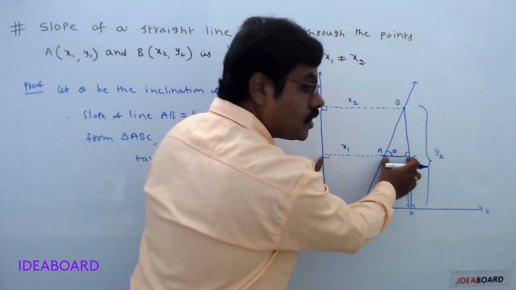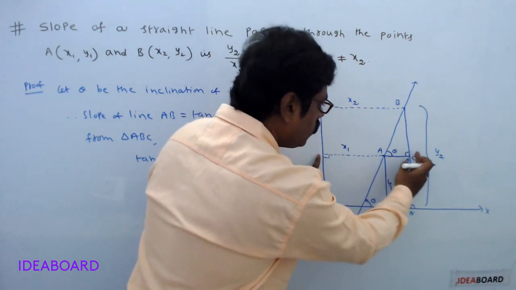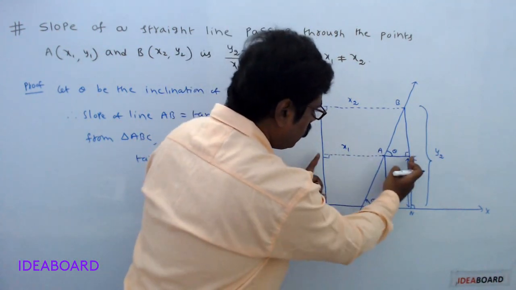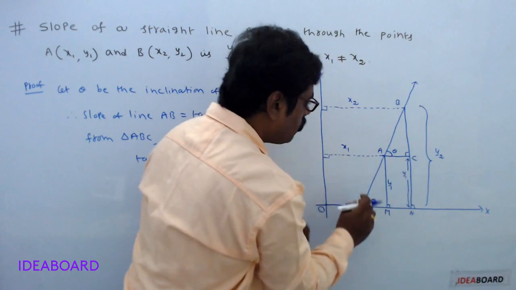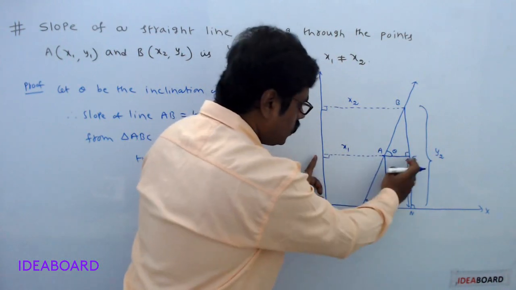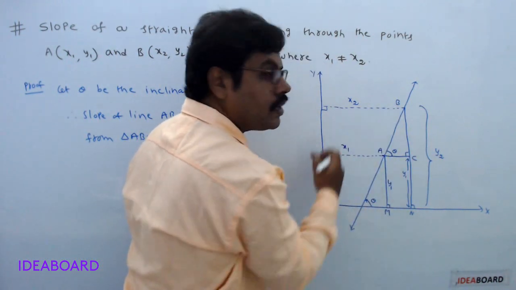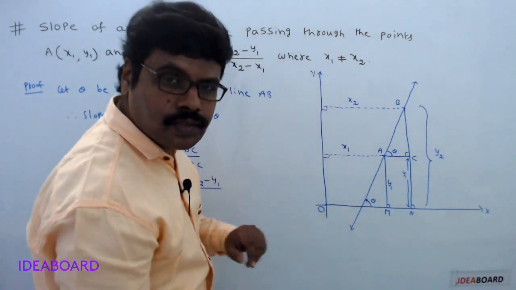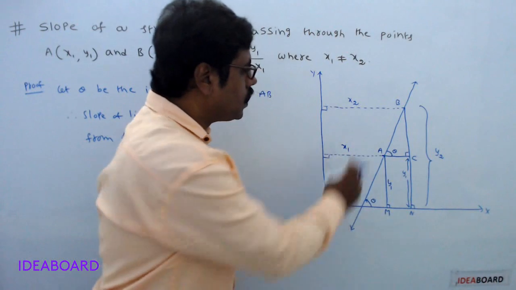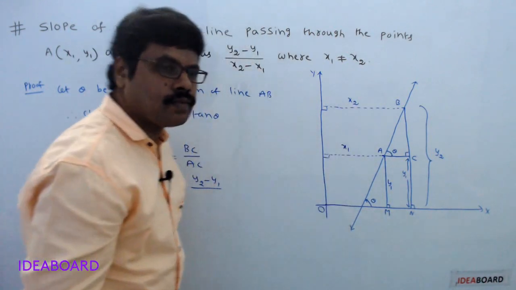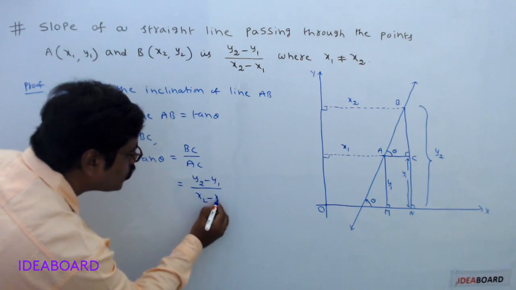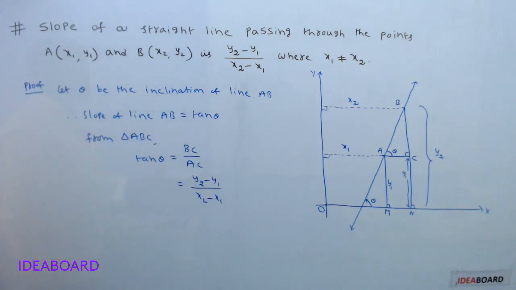Now AC is nothing but this complete length minus this length. This complete length is x2, minus this length, which is x1. So AC is nothing but x2 minus x1. So in place of AC, you can take x2 minus x1.